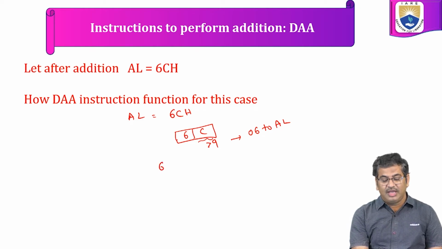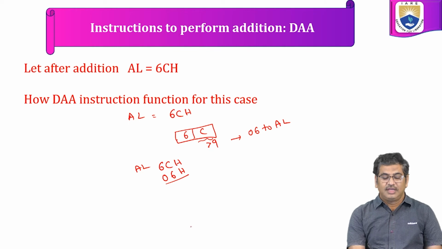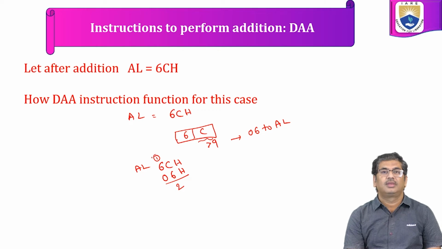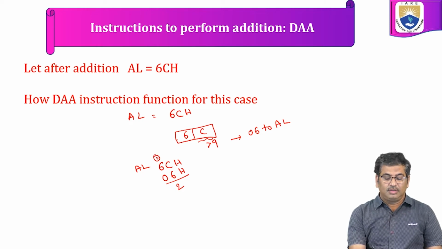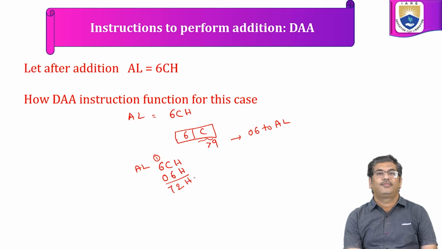Now we have 6CH in the AL register, to which we are going to add 06H. C plus 6, it is a hexadecimal operation. C is 12 in decimal. 12 plus 6 is 18 in decimal. 18 equivalent in hexadecimal is 12H. So now we will get this one as 2. Carry is 1. Next, 1 plus 6 plus 0 is going to produce 7, so 72H.